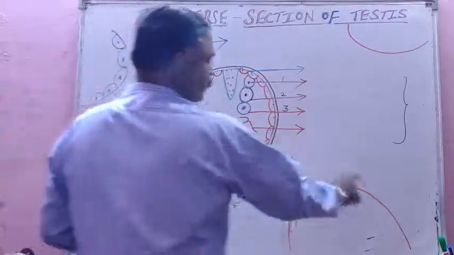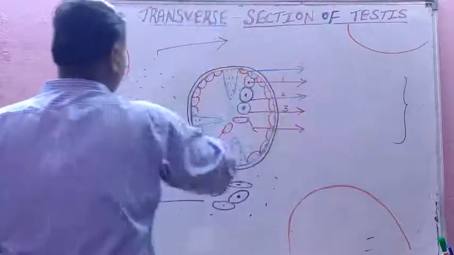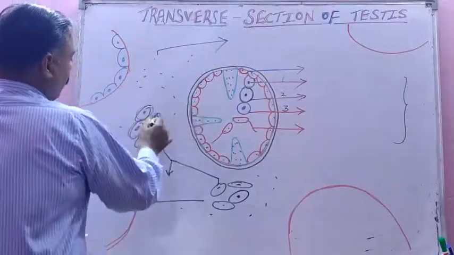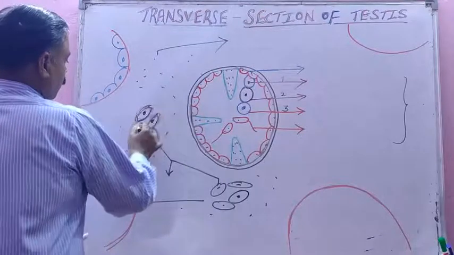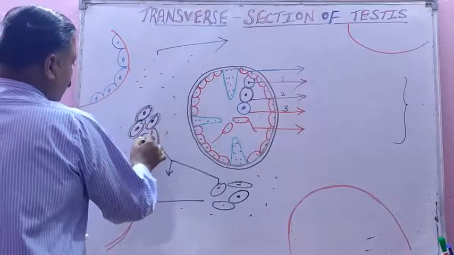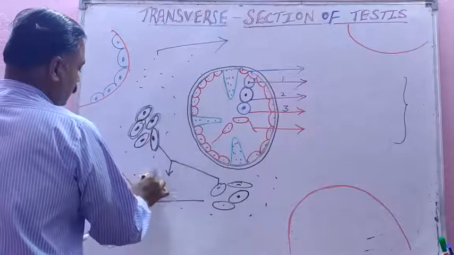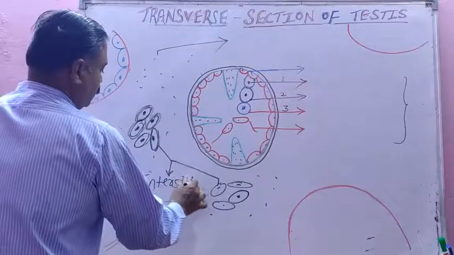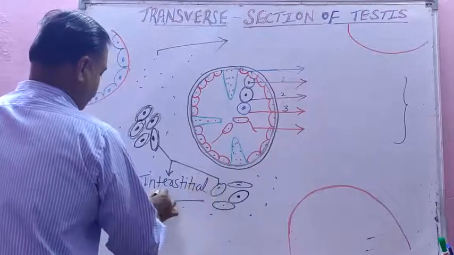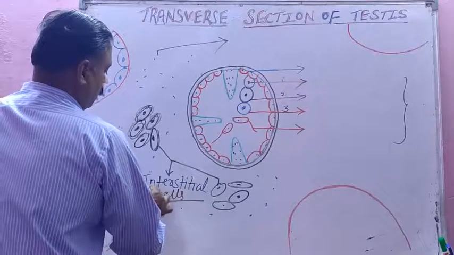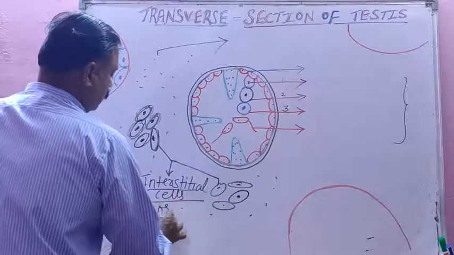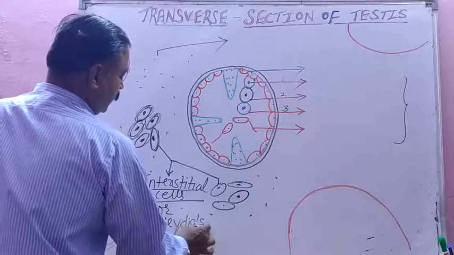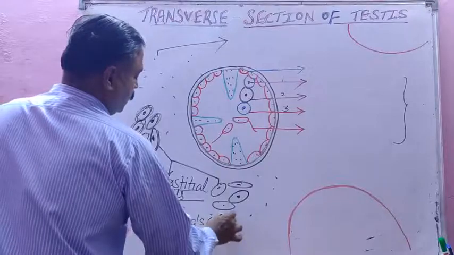All these circular structures are seminiferous tubules, and between the seminiferous tubules, if you remember, what were these? Interstitial cells or Leydig cells.